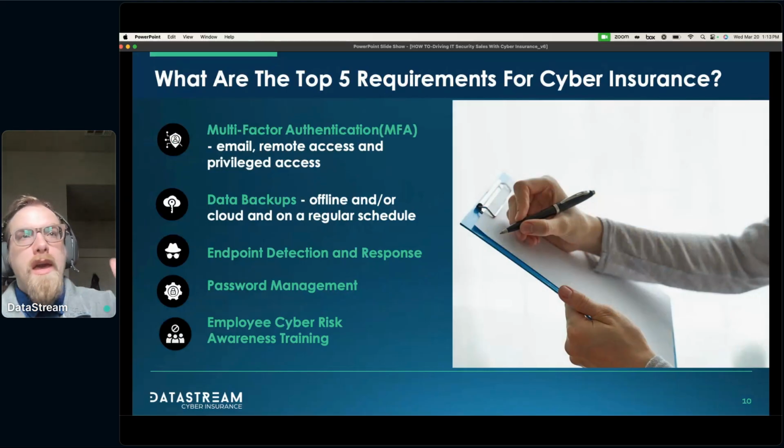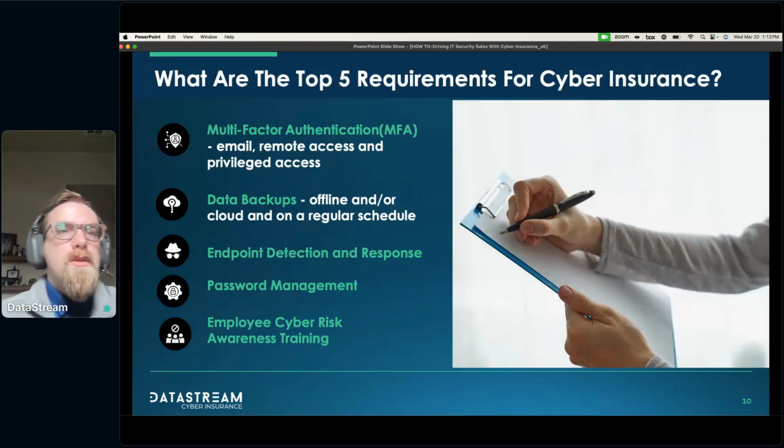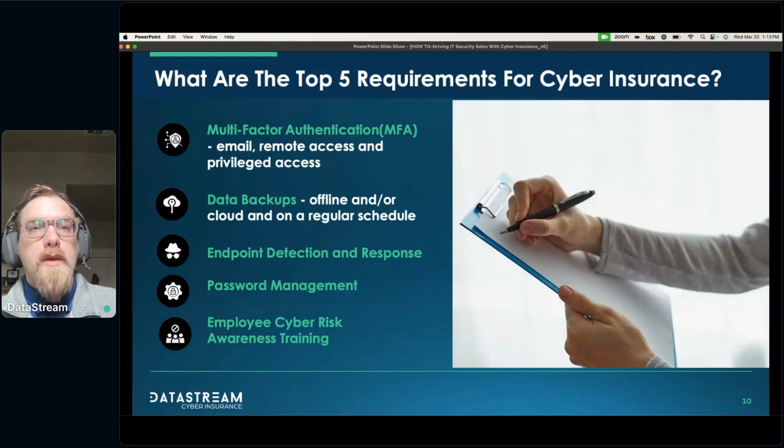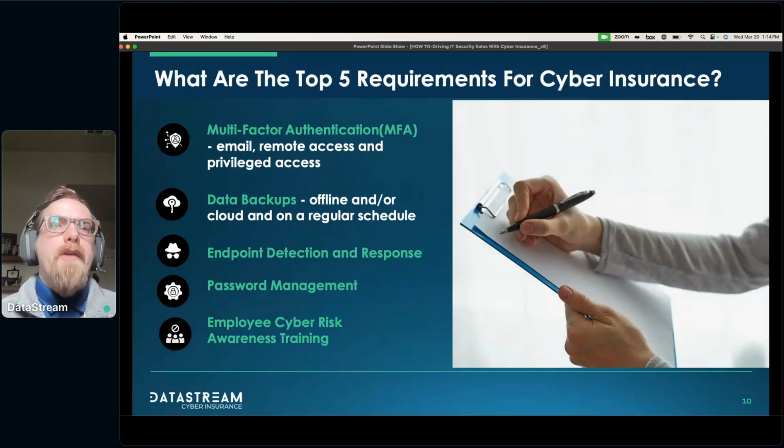MFA, and data, specifically offline cloud backups, are going to be incredibly important. EDR is a big one for unlocking the door, particularly to the better carriers out there, as well as password management and awareness training, both popping up more and more on the carriers' lists.